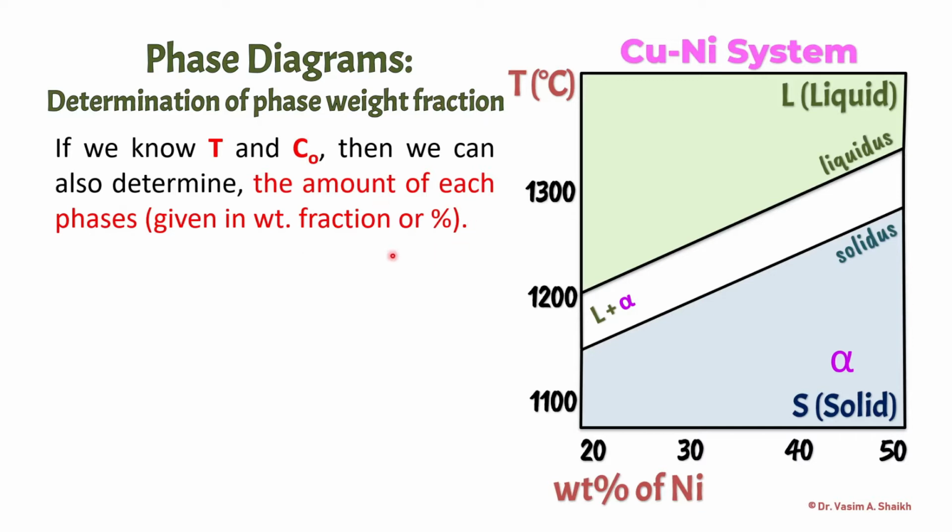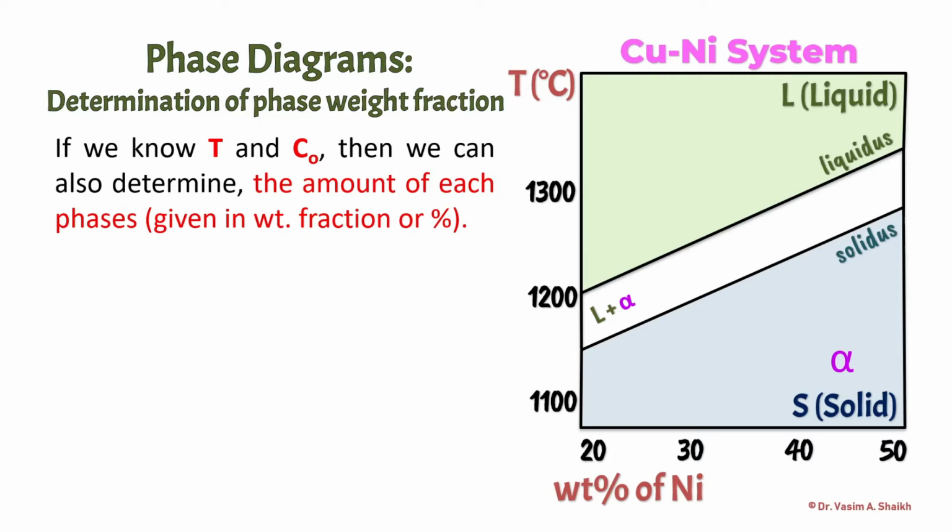To find out the phase weight fraction or the percentage, if we are given the temperature and the overall composition, or the original composition, we should know at that particular temperature and composition what phase is present, and how much percent of that particular phase is present.